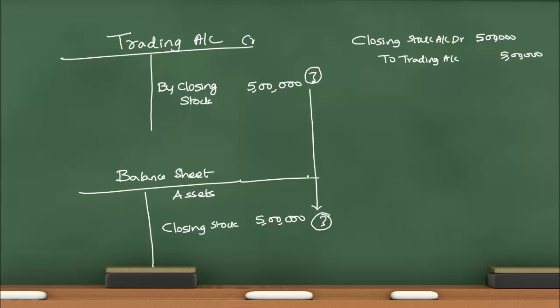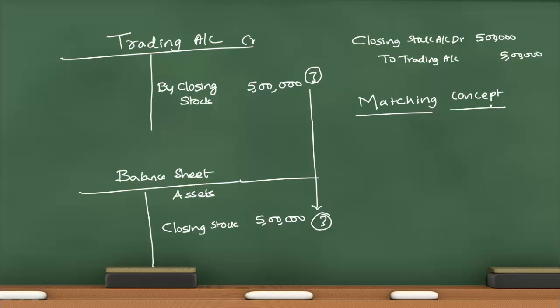Fundamentals of accountancy revolve around various concepts, and one of the important concepts is the matching concept. What does the matching concept say? The matching concept says all the incomes should be matched with the expenses.